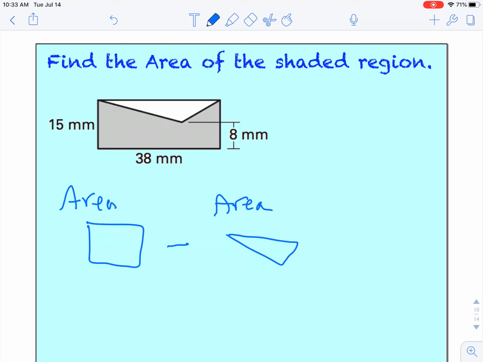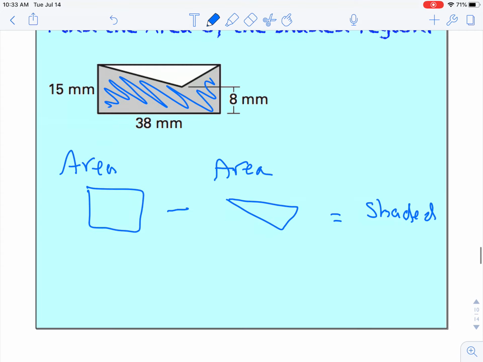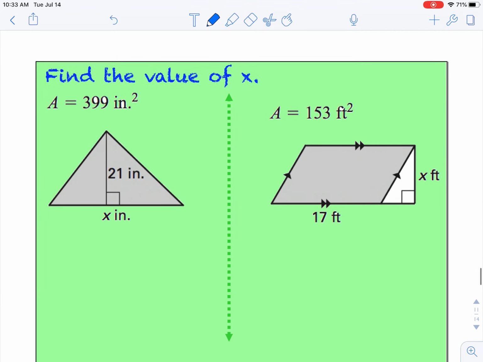You're going to subtract the area of the triangle. So go ahead and see if you can, because that's the non-shaded region, that will give you the shaded region right here. So go ahead and see if you can calculate that, and then check back to the notes to see if you've done them correctly.